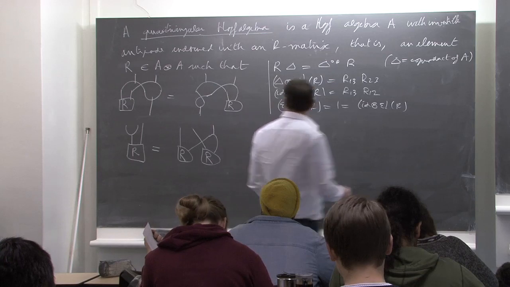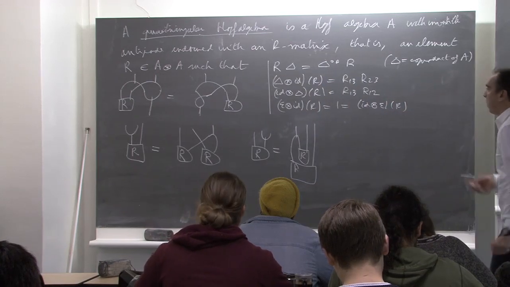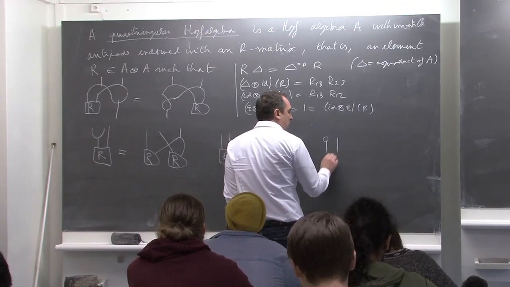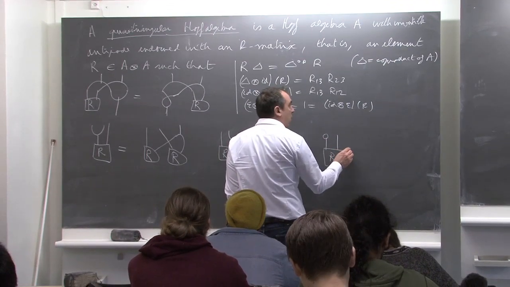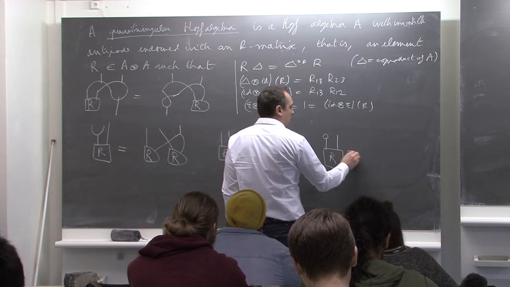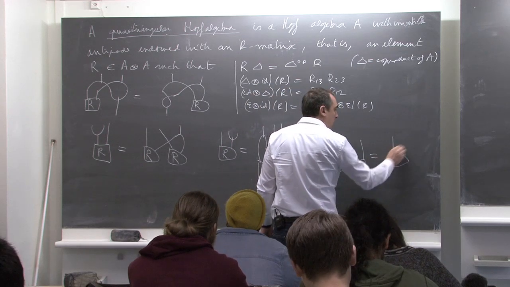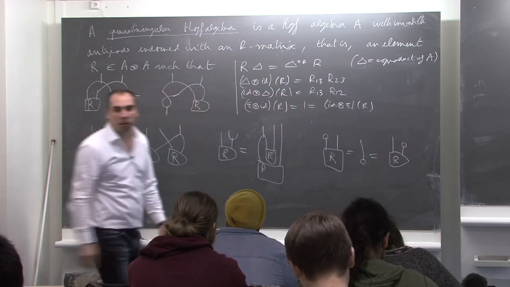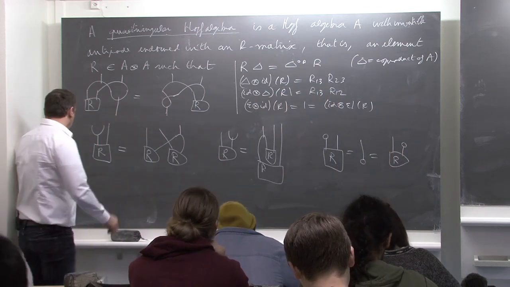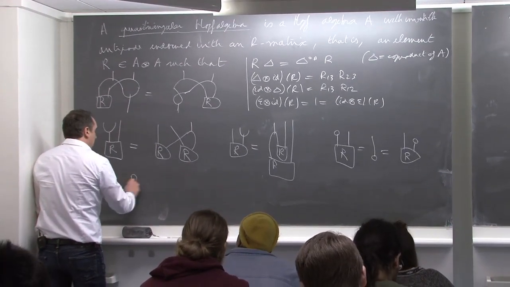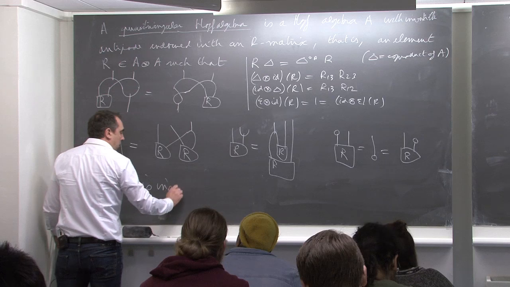And finally, the last axiom is this: this is the unit, and this is R. Okay.